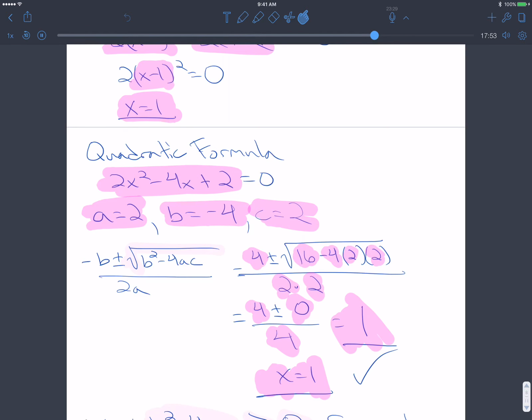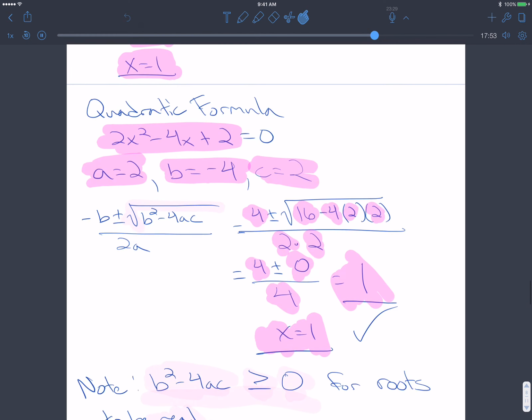One thing to note from this form is that in the quadratic formula, you are taking a square root of b squared minus 4ac. So b squared minus 4ac needs to be greater than or equal to 0 for these values to actually be real, for them to exist.